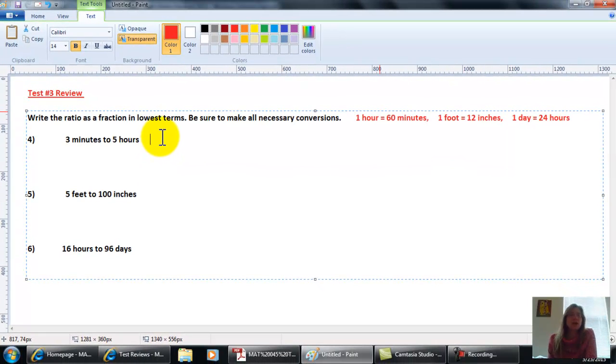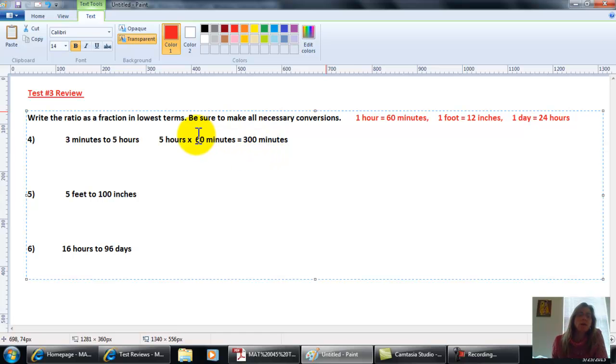So what it looks like is we're going to try to change 5 hours into minutes. So we are going to multiply by the conversion factor of hours in minutes. And that would be times 60 minutes equals, and that's going to be 300 minutes.